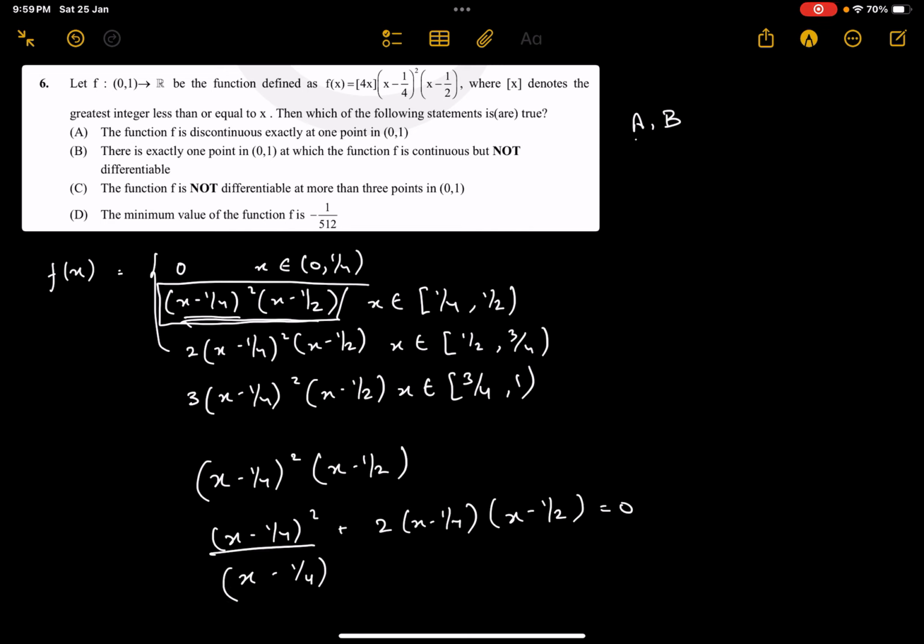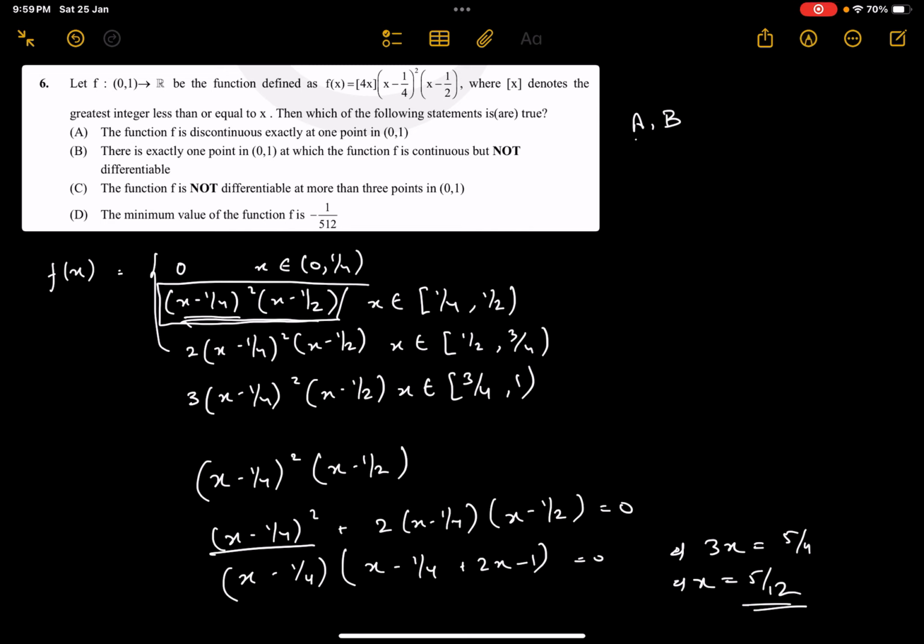Again notice that 1 by 4 is a root as we earlier said, so this gives us x minus 1 by 4 plus 2x minus 1 equals 0, which gives us 3x equals 5 by 4, which gives us x equals 5 by 12 as the point of minima.